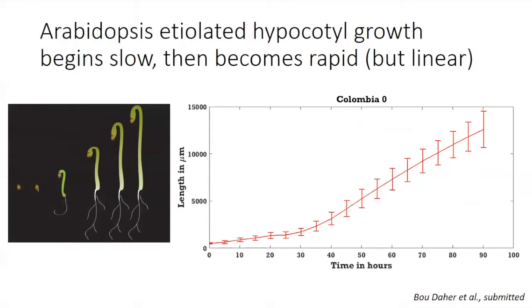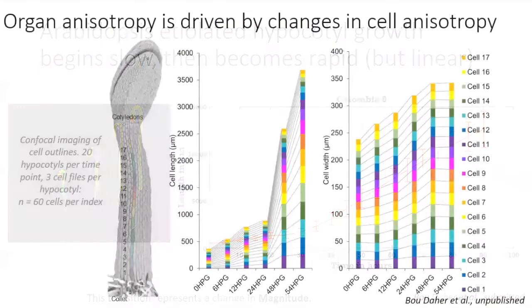One of the things is what's controlling this transition to the rapid elongation, but also underlying that is what's making sure that most of the growth is going into length and not a lot into width, which would be a waste of energy if your job is to get you up out of the soil. Okay. So this really is a change in growth magnitude, anisotropy magnitude.